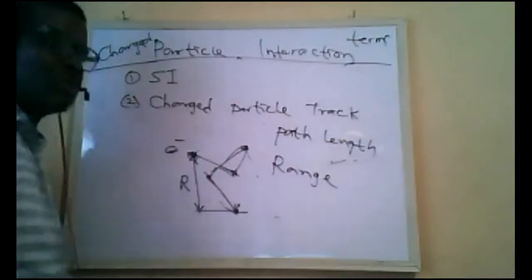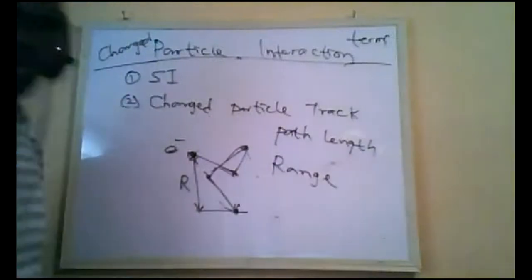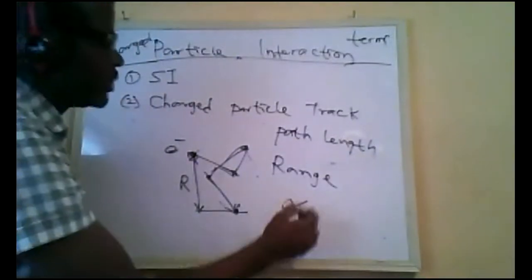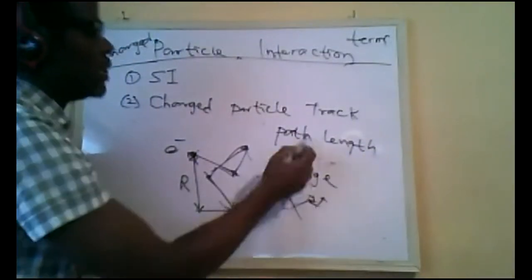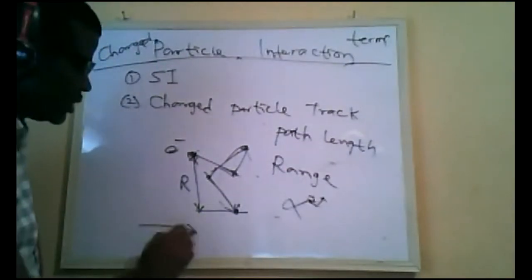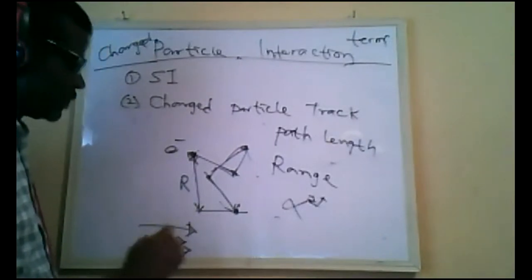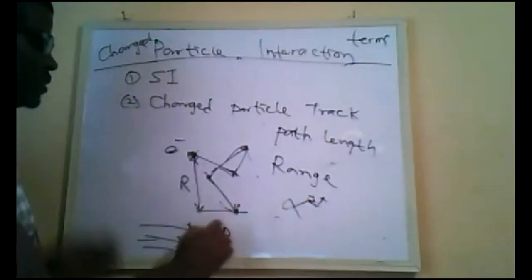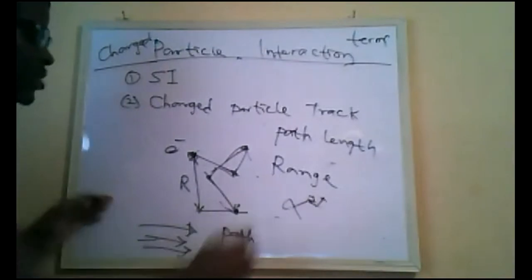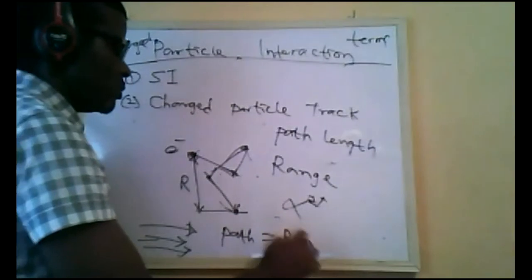Whereas if you drop a stone, it tends to move straight down because there is no air friction occurring with it. But for an alpha particle, the path length and range are about the same thing. As it is moving, it undergoes very little scatter, so the path length for an energetic particle is about the same as the range.